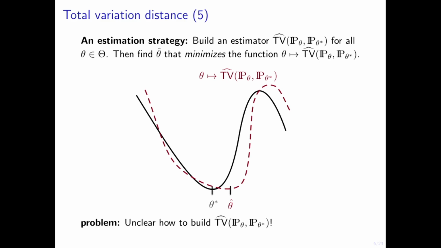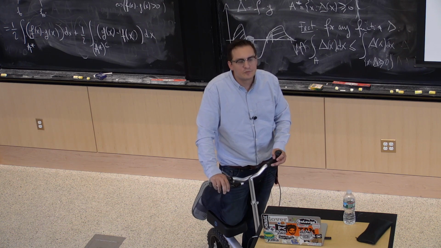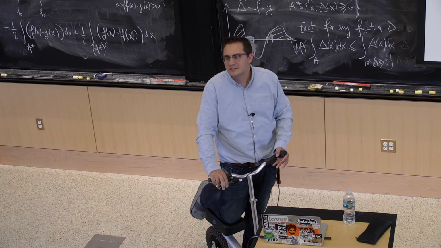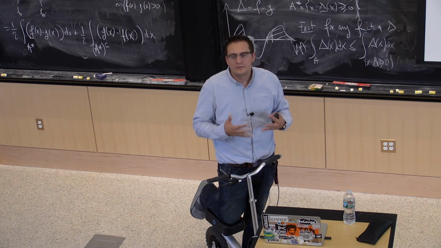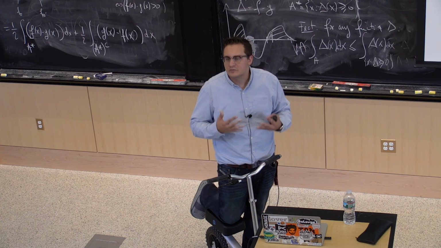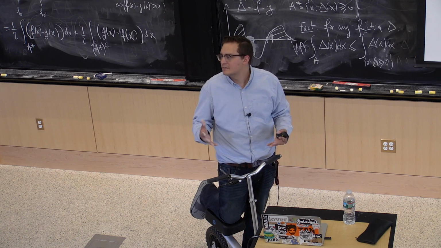The problem is that it's very unclear how you would build this estimator of the total variation. Building estimators, as I said, typically consists in replacing expectations by averages, but there's no simple way of expressing the total variation distance as an expectation with respect to theta star of anything.